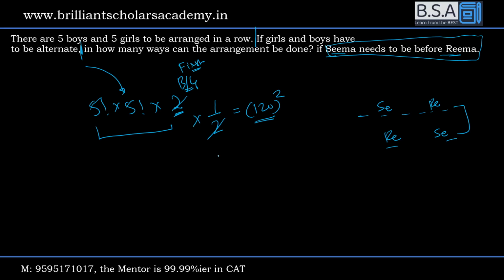Now we are saying, क्योंकि Seema must be before Reema, तो एक possibility Seema आगे Reema पीछे, एक Reema आगे Seema पीछे. तो इन दो में से there is only one valid. That's your answer. ये समझे तो let me know. Is the example clear?